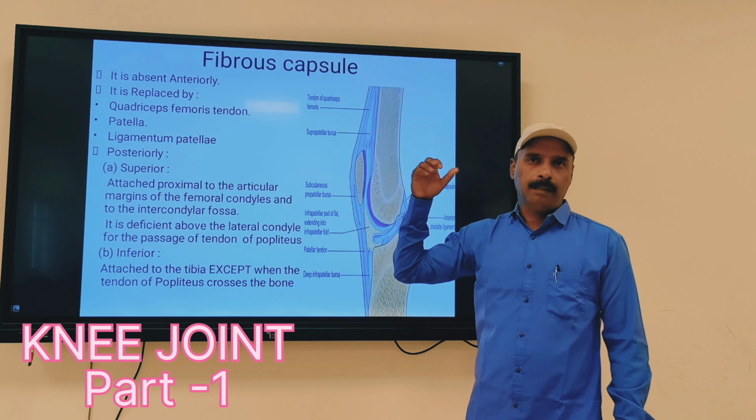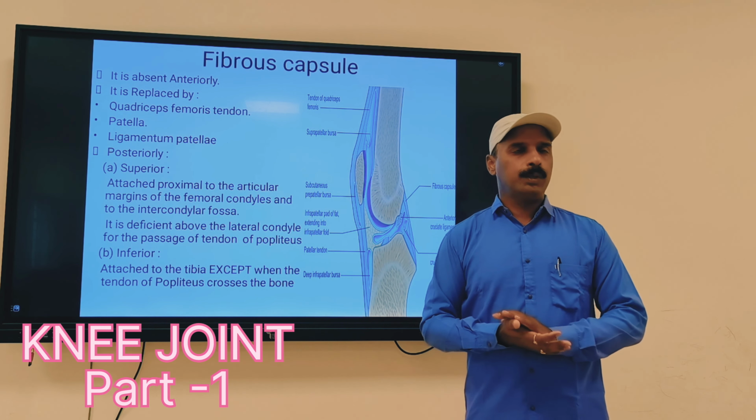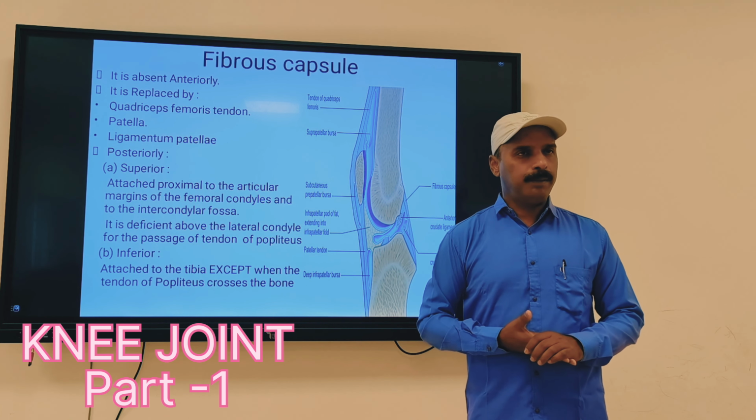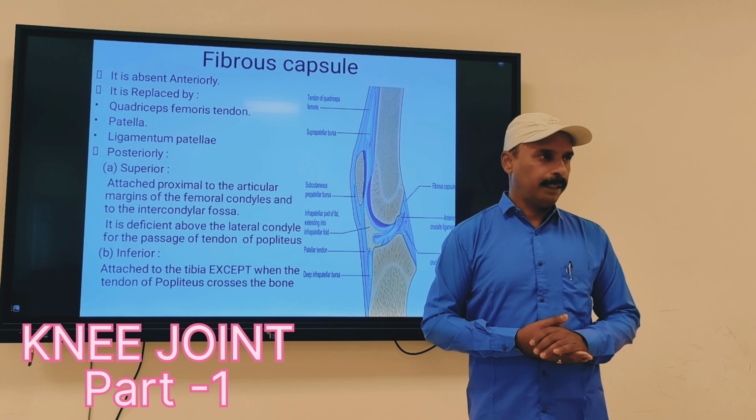Okay. Next comes the ligamentum patellae. When you see this ligament, the posterior part of the apex of the patella gives attachment to the upper end of the ligamentum patellae.